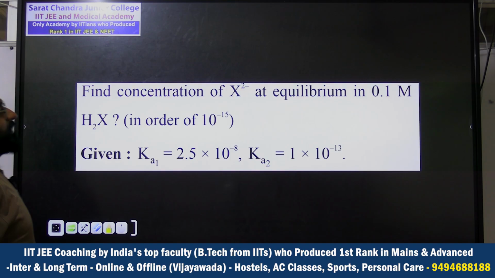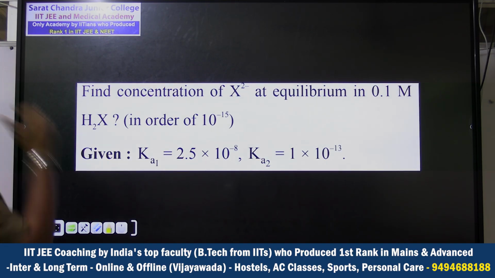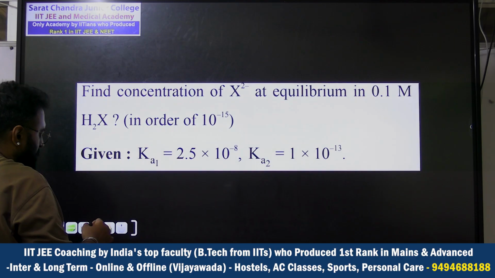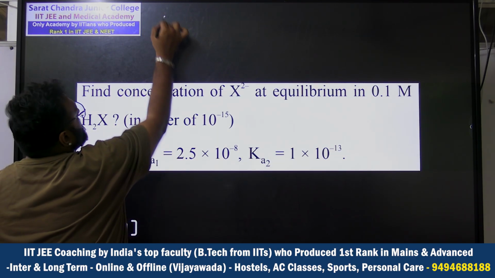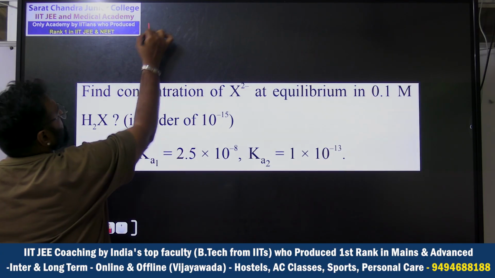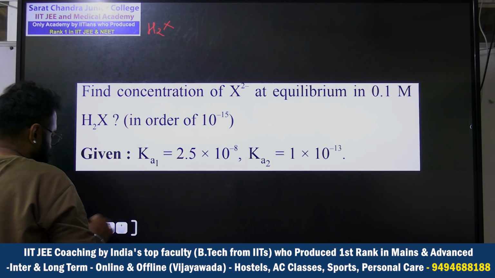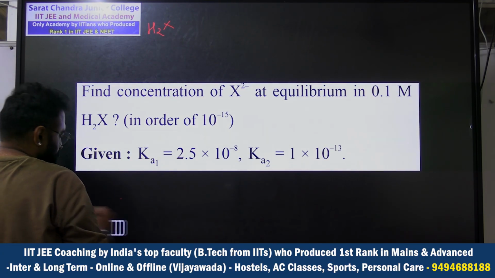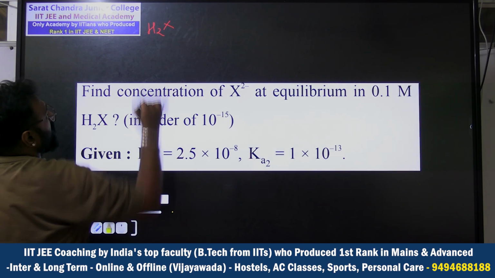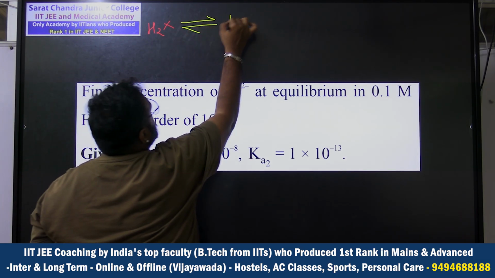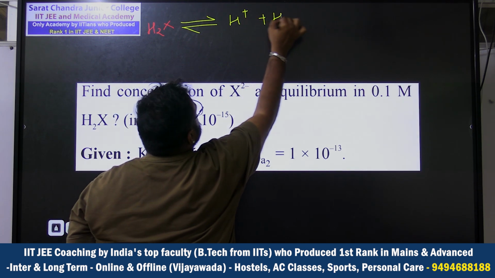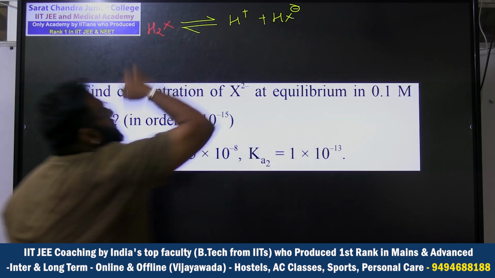Find the concentration of X2 minus at equilibrium in 0.1 molar H2X, on the order of 10 to the power minus 15. Chalo. H2X will give HX minus plus H plus.